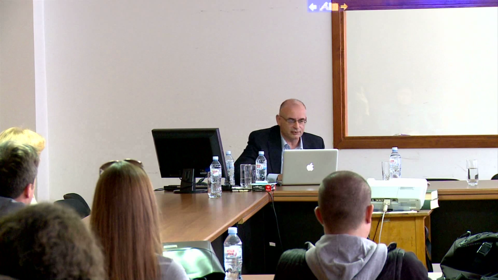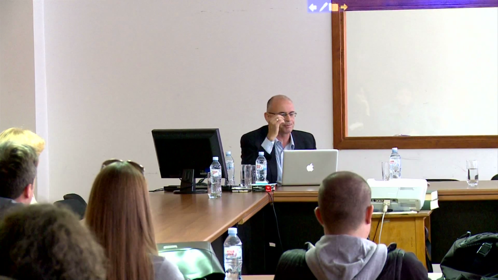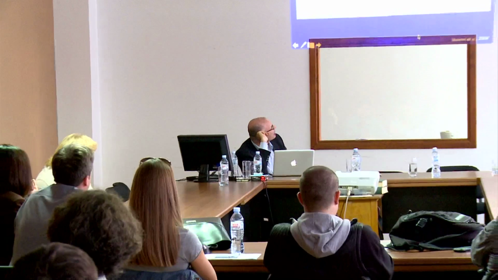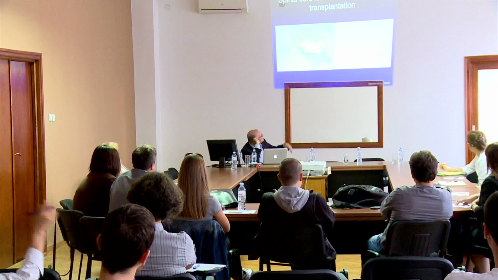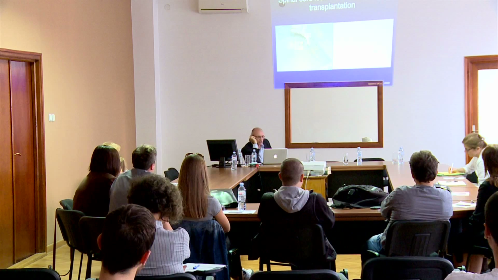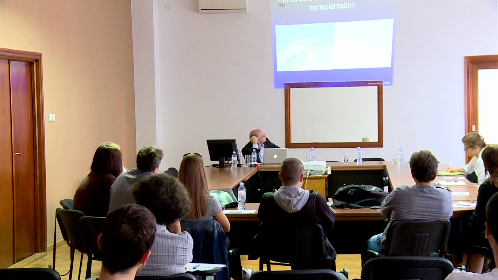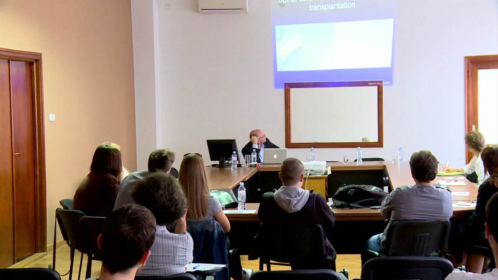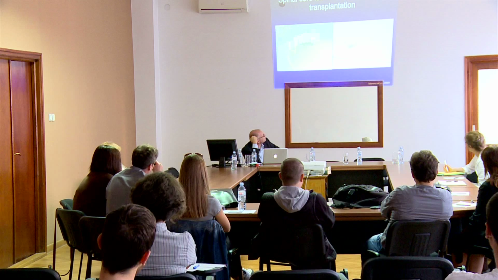Or this is the work of my previous postdoc while I was working in Spain. You see this is a spinal cord injury animal disease model. On your left-hand side, this is a rat with spinal cord injury. I hope you can see on your right-hand side a treated rat, and the difference in locomotor ability of these two is huge.